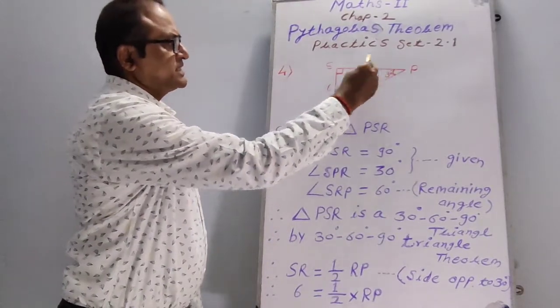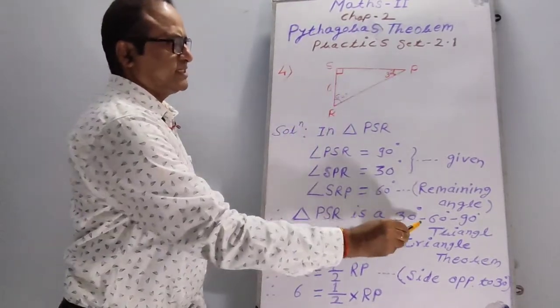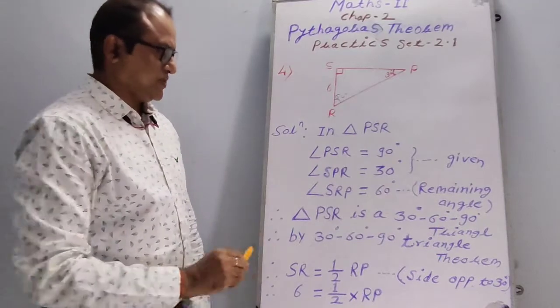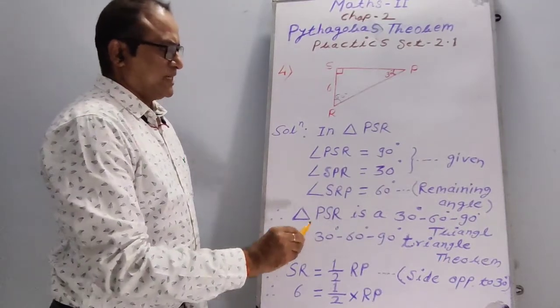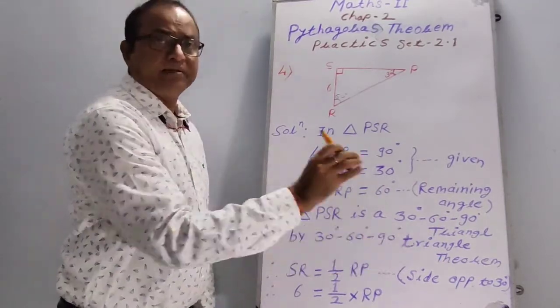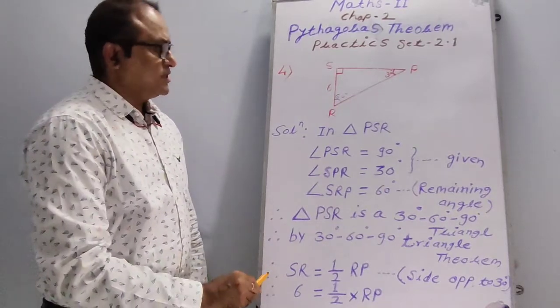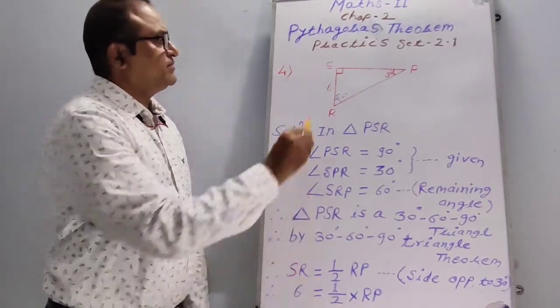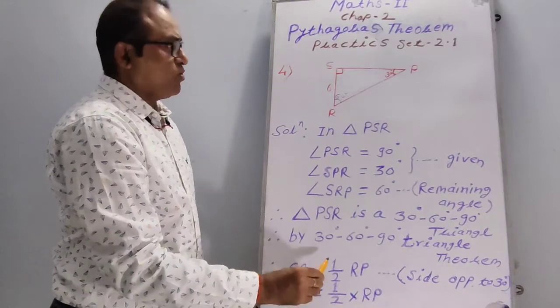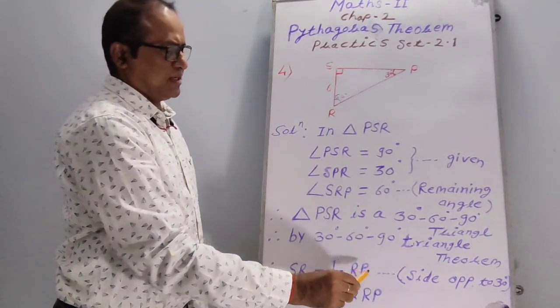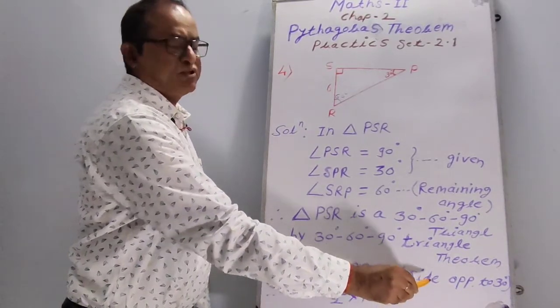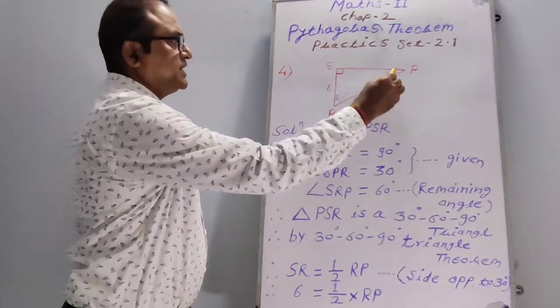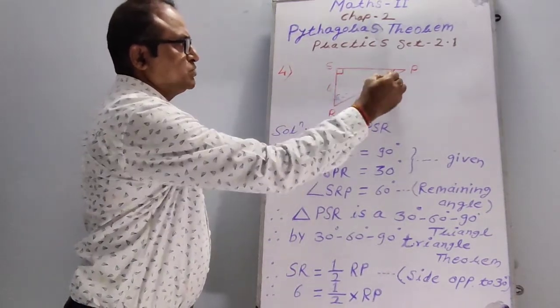Therefore, this triangle is a 30-60-90 triangle. Therefore, by the 30-60-90 triangle theorem, SR is equal to 1 upon 2 RP. Reason is side opposite to 30.